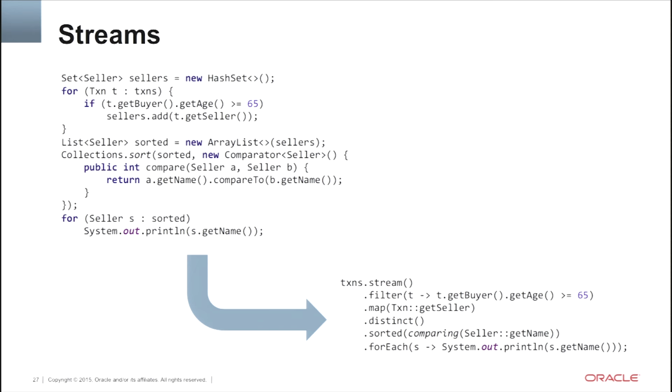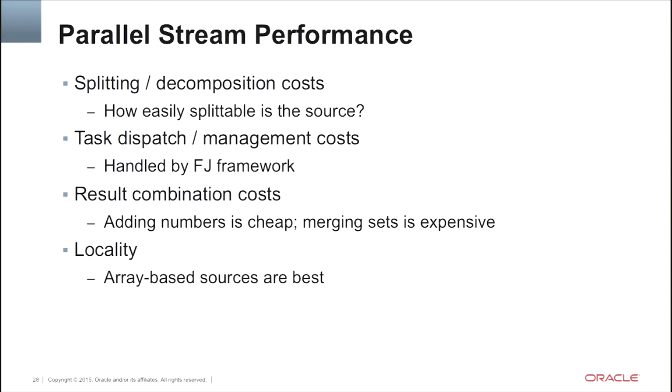There's no way that we could take the code on the left and figure that kind of stuff out, but it's really easy to do that to the code on the right. So the code is nicer to read and nicer to write, but it's also much nicer to optimize. So everybody wins.